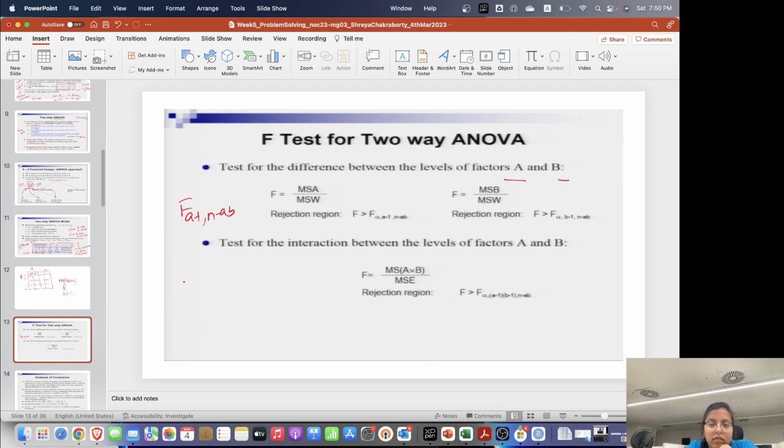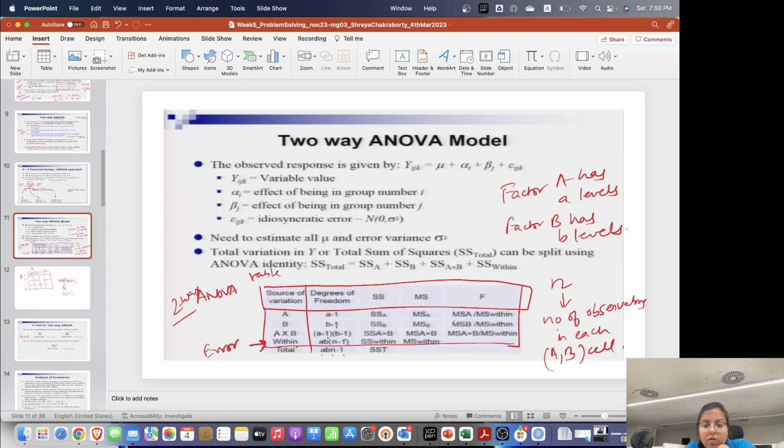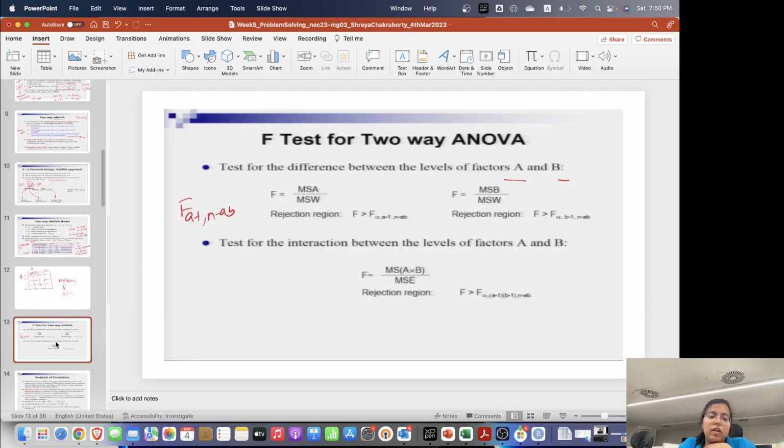No, not ABN minus 1, this one was AB into n minus 1. Okay, so whatever the degree of freedom is, this one was AB into n minus 1. So they are doing ABN minus AB, where this N is the total N. Okay, this is ABN minus AB, and ABN is nothing but the total number of observations.